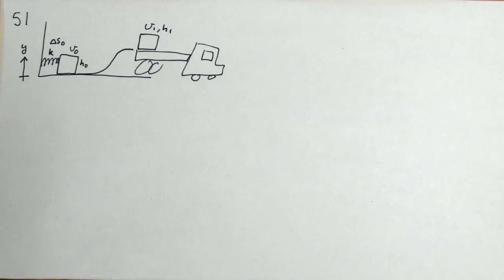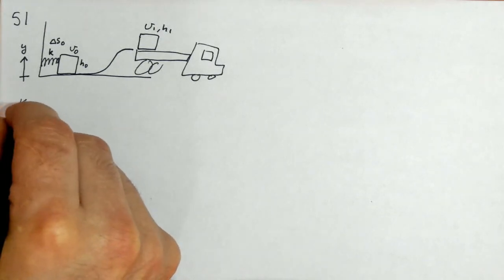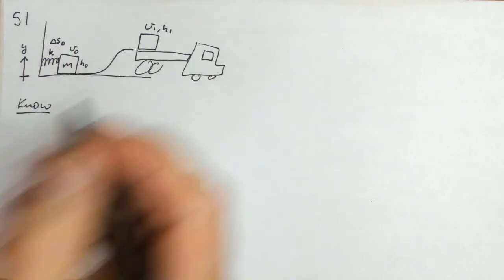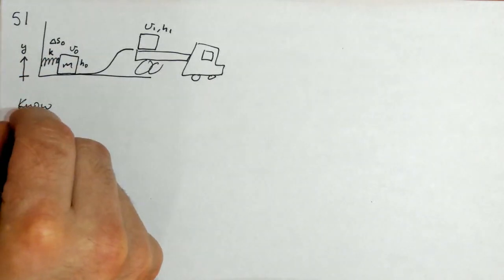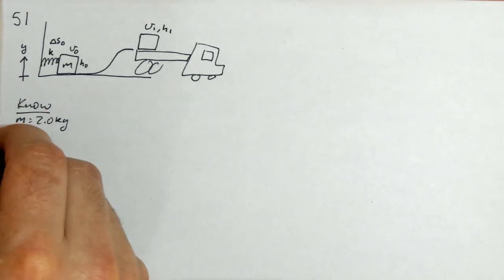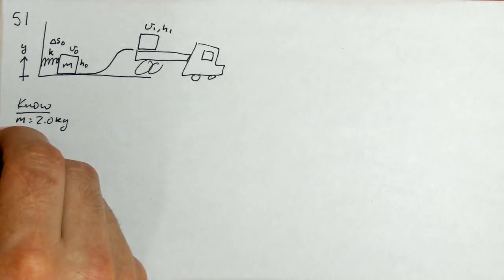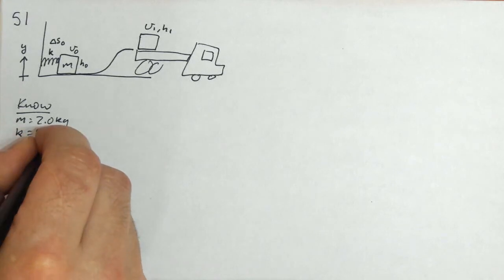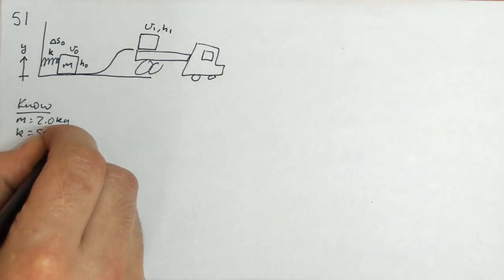So let's go ahead and list some things we know. The box has mass m, and I know the mass is 2.0 kilograms. I know that the spring constant k is 500. It's a fairly beefy spring. Spring constant 500 newtons per meter.